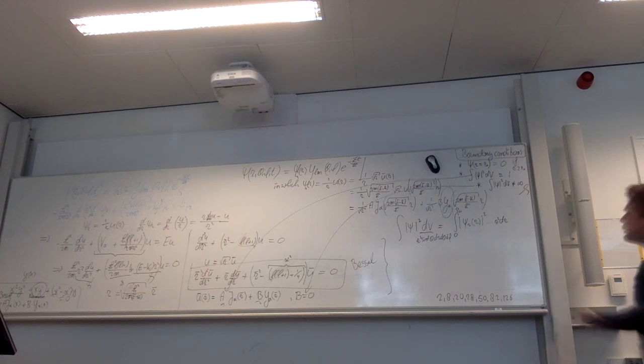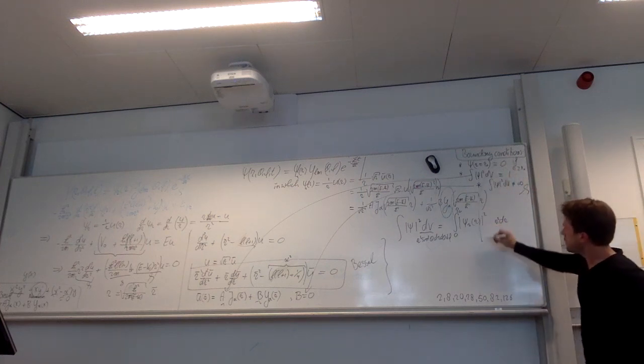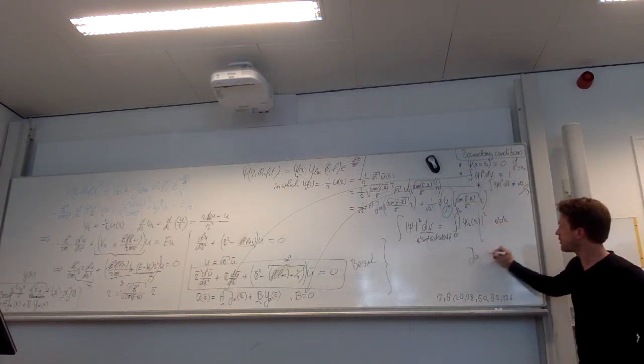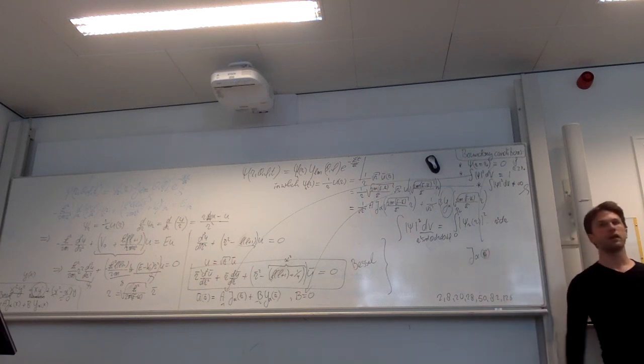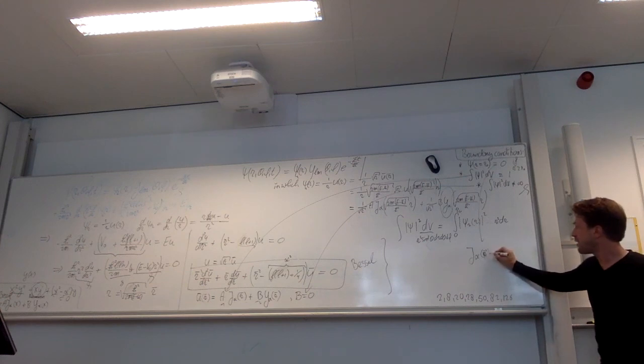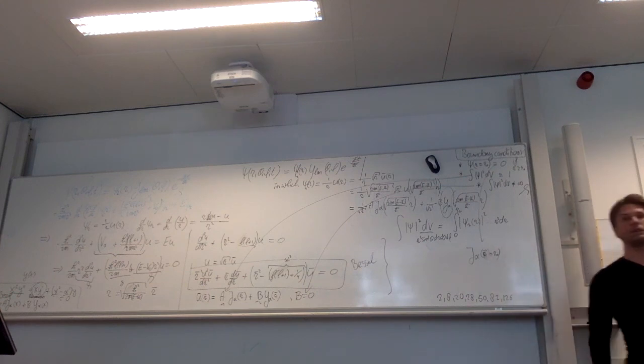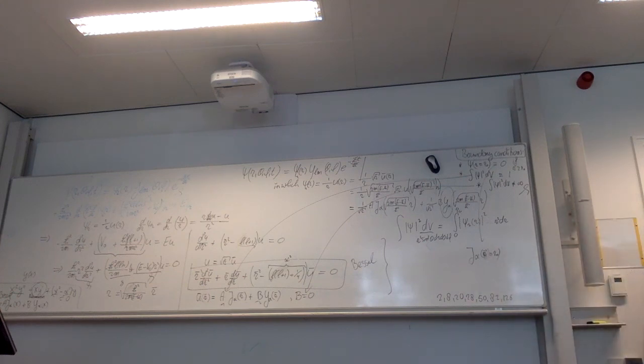So we have a condition. This one here says that this Bessel function, that one, at this point, should be 0.